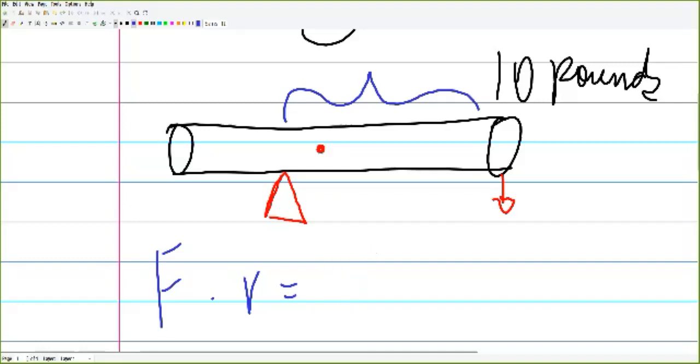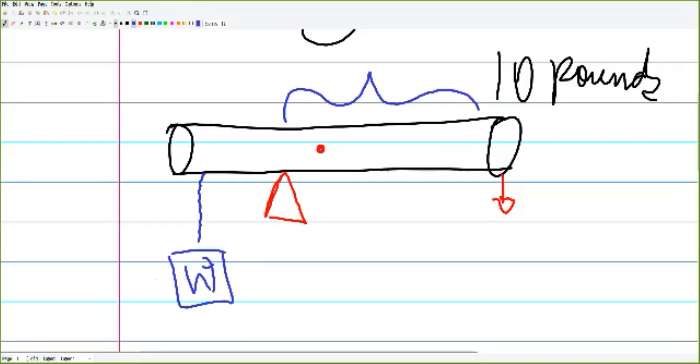And so to counteract that torque, we're going to use a weight, for example. We can put a weight over here. And so this weight times this place over here is the same thing as this, let's say R1, and this is R2, and this is F1, and let's say this is F2.